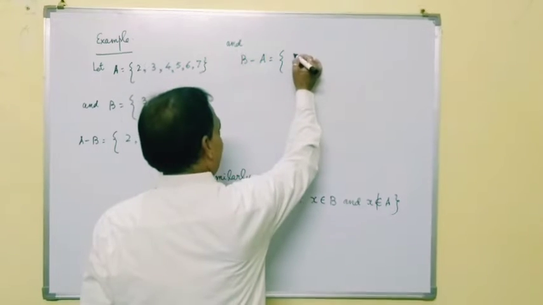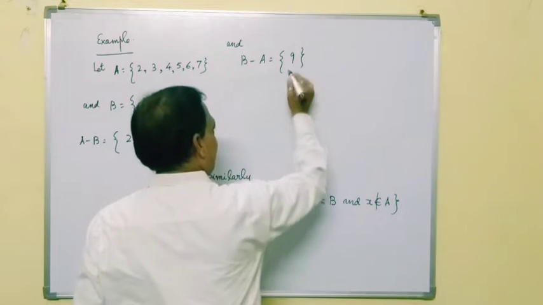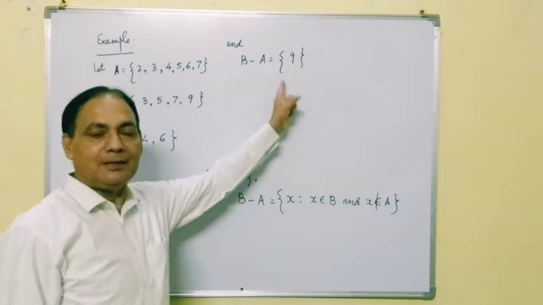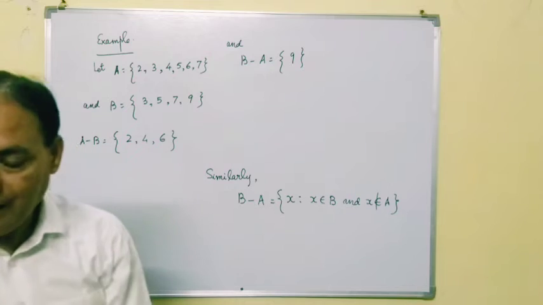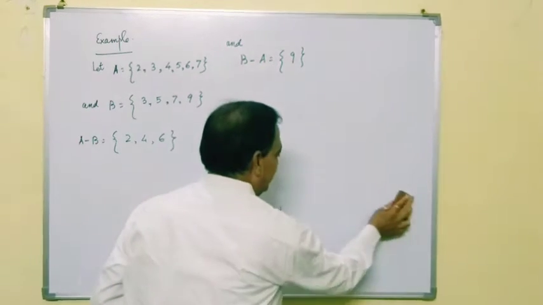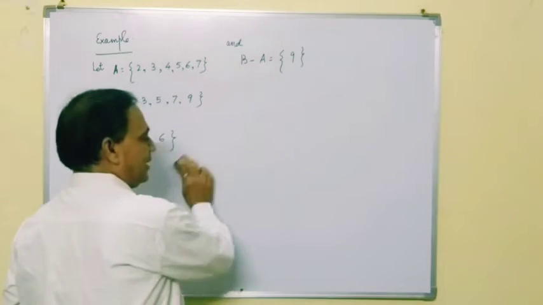So B minus A will contain only one element, that is 9. Right? This is the difference. इसका Venn diagram, you can represent difference of sets by Venn diagram.